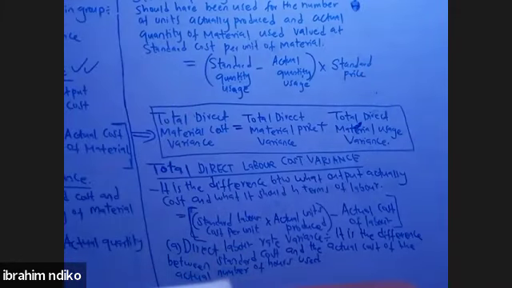So when we talk about that, the difference between the standard cost and the actual cost of the actual number of hours used, that is what we mean by the direct labor rate variance. We can give a formula for it: standard rate minus actual rate, multiplied by the actual hours.